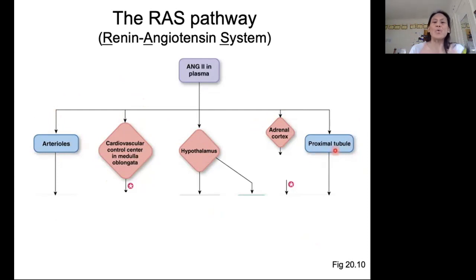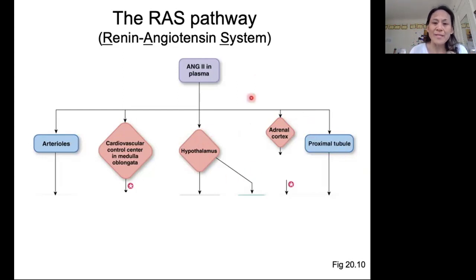Okay, what I'd like you to do at this point is, not quite yet, but hit pause when I tell you to, and think about what kinds of responses you would want from each of these targets that would then bring blood pressure back up. Okay, a little hint, a couple of these are a little hard to figure out, so don't worry if you can't figure them all out.